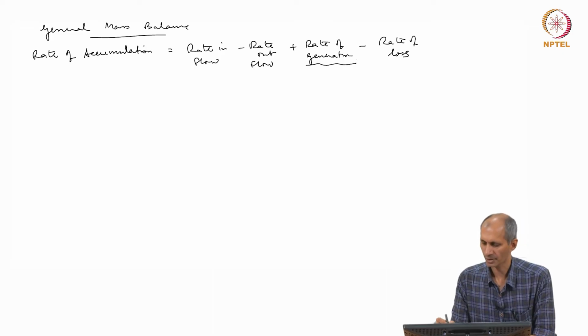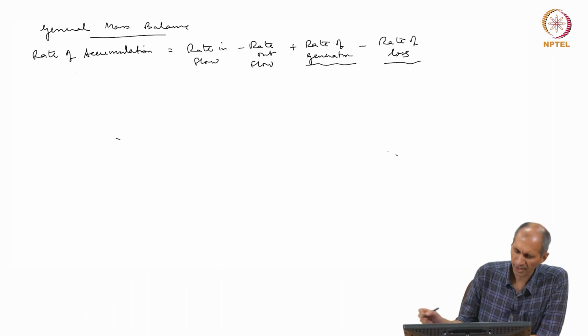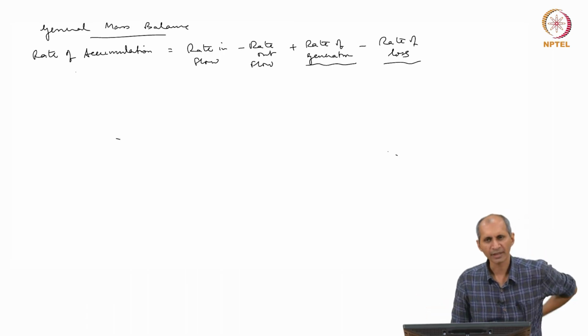So, generation and loss: there is a reservoir and there is a sink, which are the usual terms used for that.